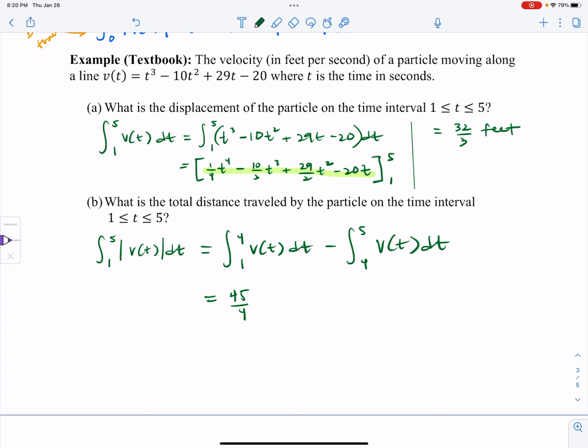Okay, so then that ends up being minus -7/12, which ends up being 71/6.